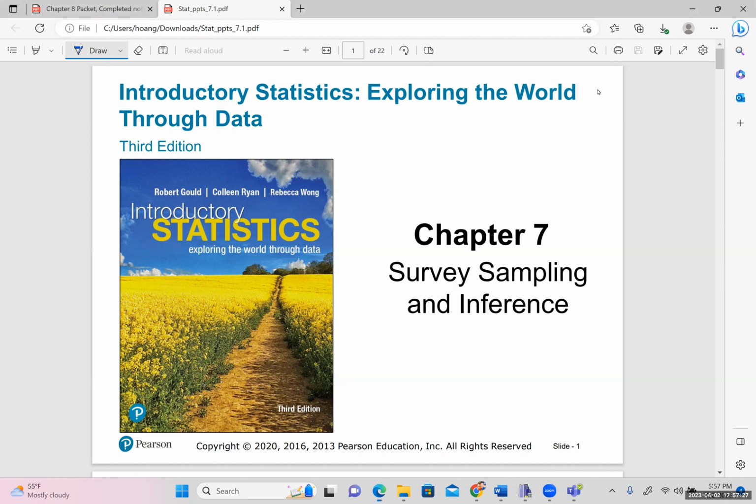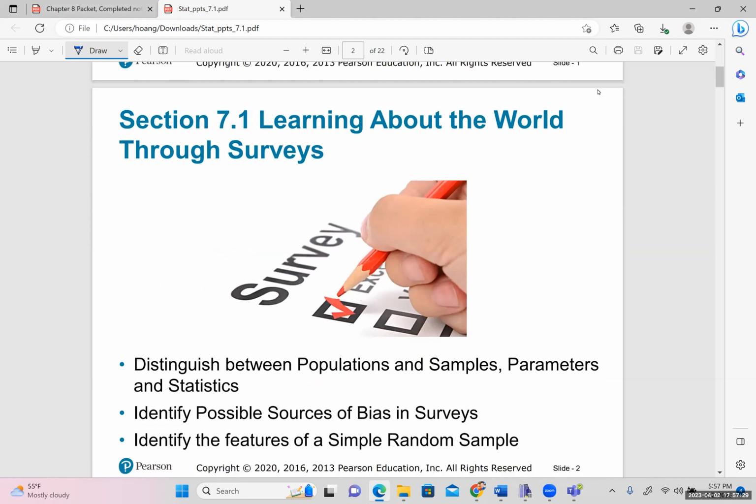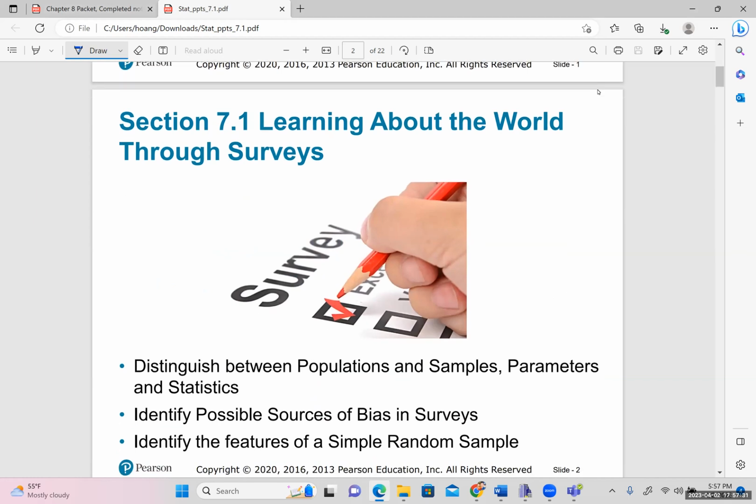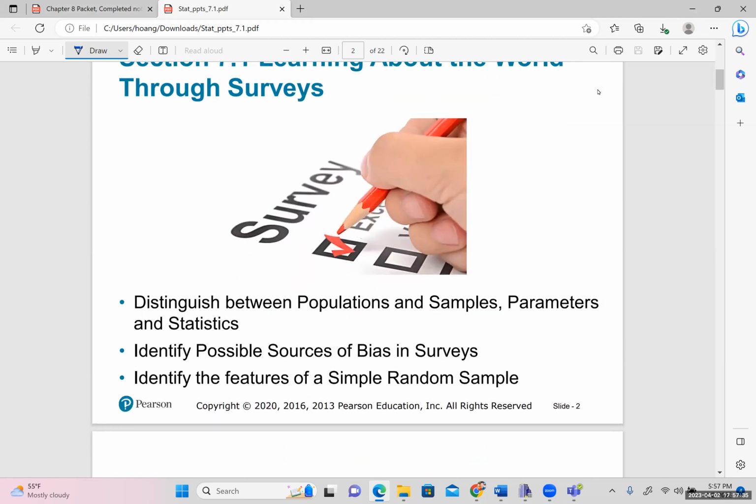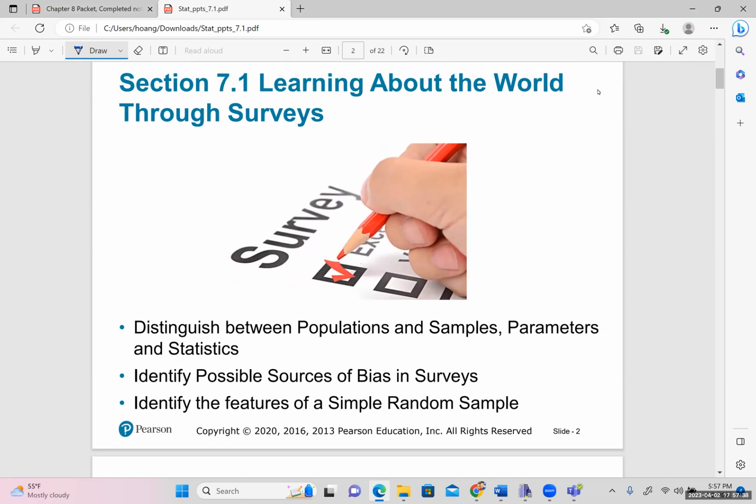Okay, so let's get into section 7.1, learning about the world through surveys. In this section we're going to distinguish between populations, samples, parameters, and statistics.